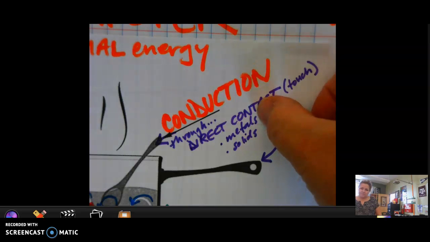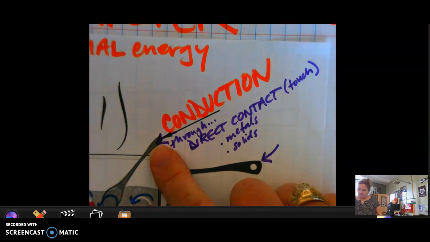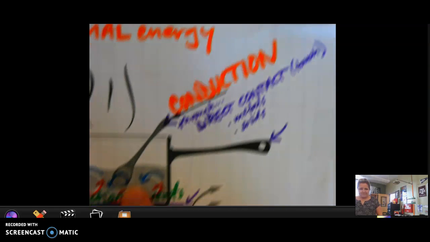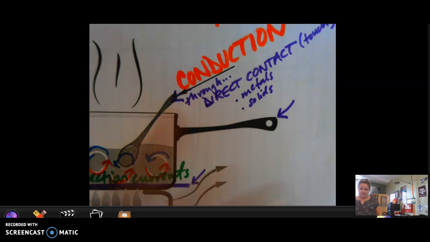When we get into chemistry and talk about metals, nonmetals, and metalloids, we'll understand a little bit better why metals versus nonmetals. But even like the spoon here, if you've ever helped cook, you know that if it's going to stay in the soup, I sure hope that's not a metal spoon, because if you grab it, you're going to burn your hand.